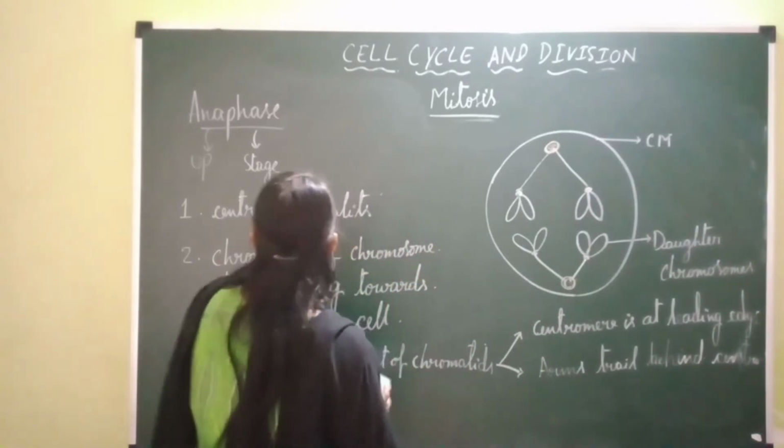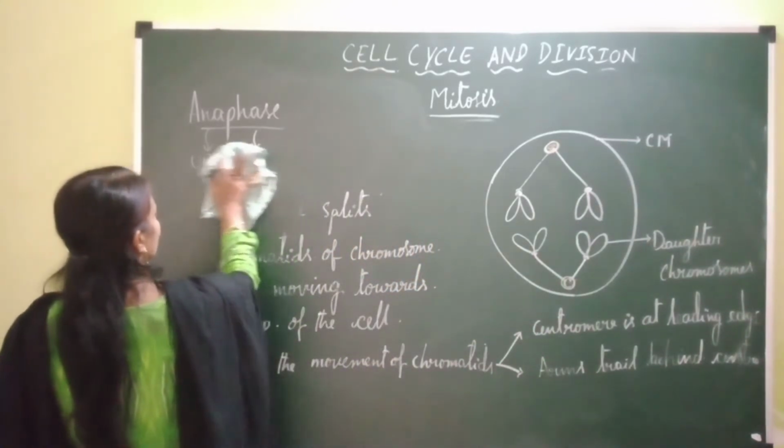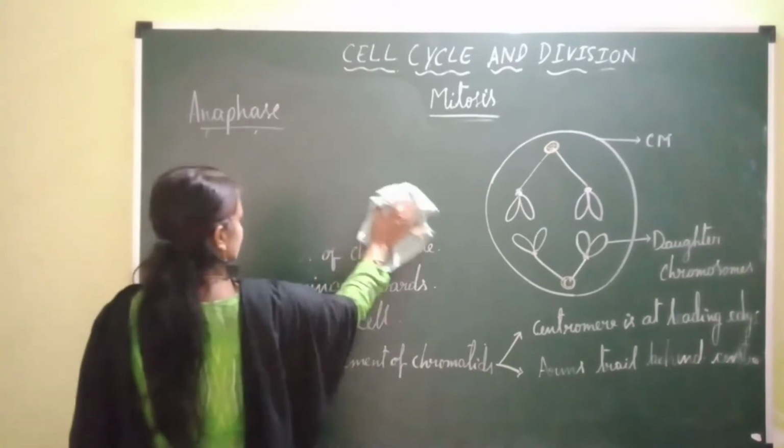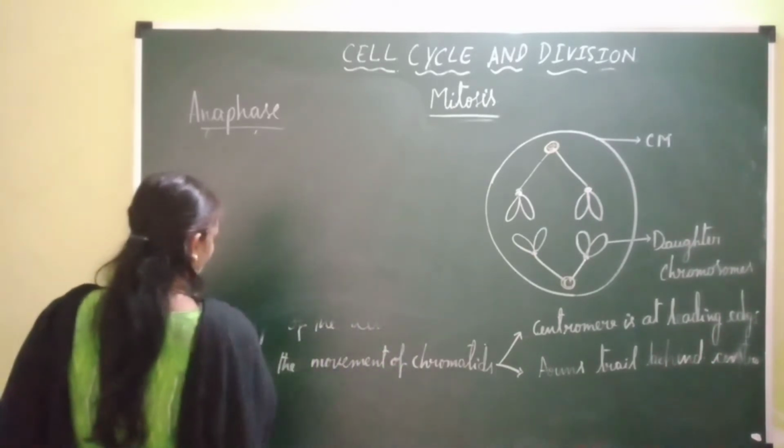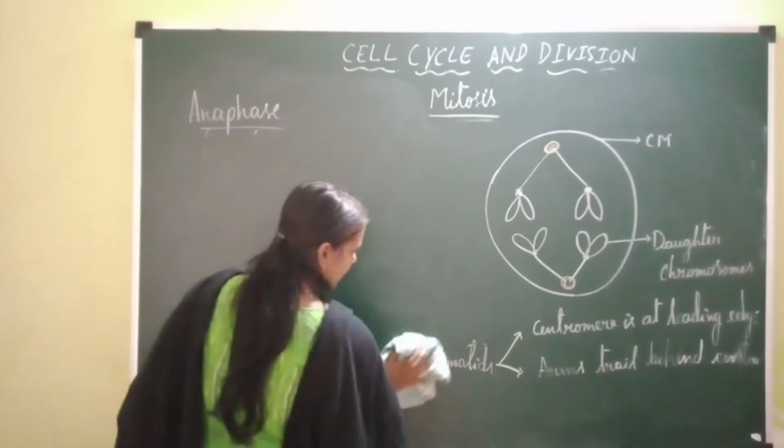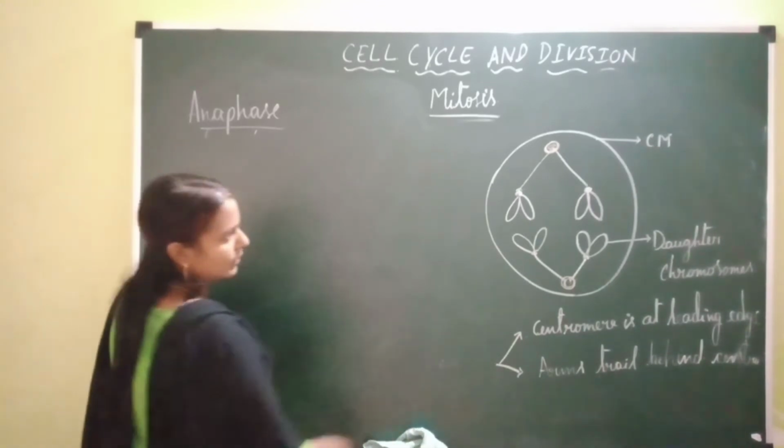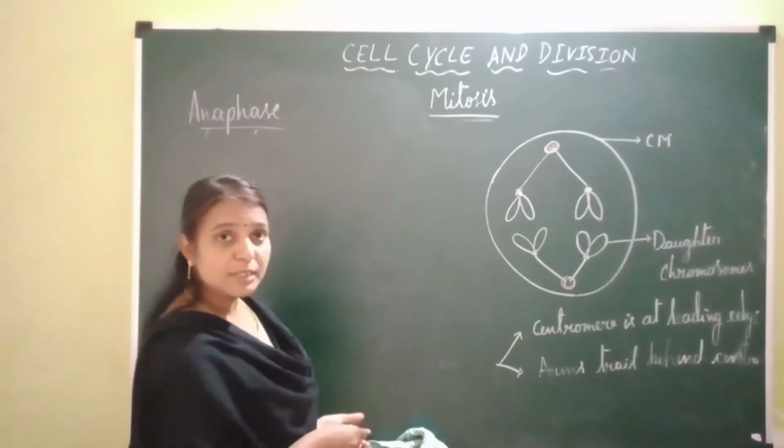The movement of chromatids towards two opposite poles of the cell occurs with the help of both interzonal fibers and chromosomal spindle fibers.